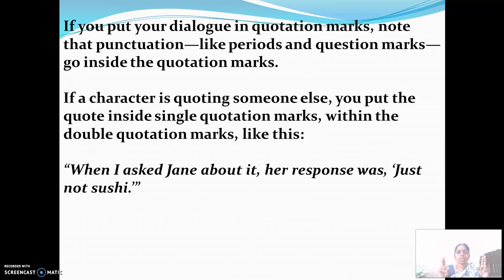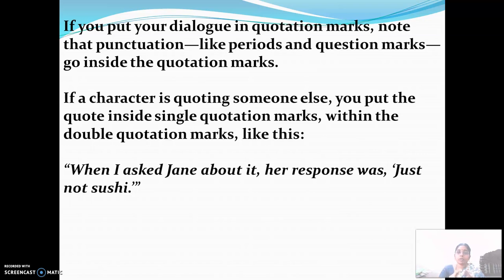And if a character is quoting someone else inside the double quotation, that has to come in single quotation to differentiate, right? And the single quotation has to be completed first, then the double quotation has to complete.